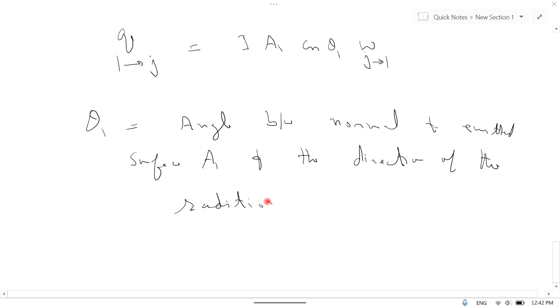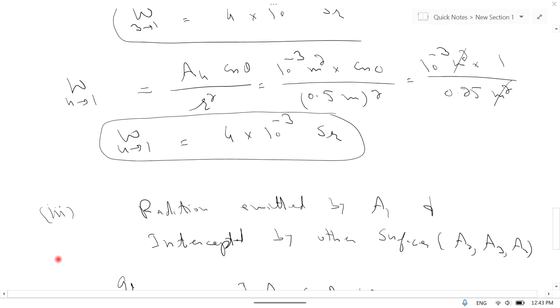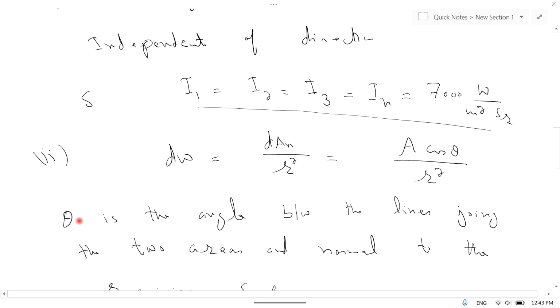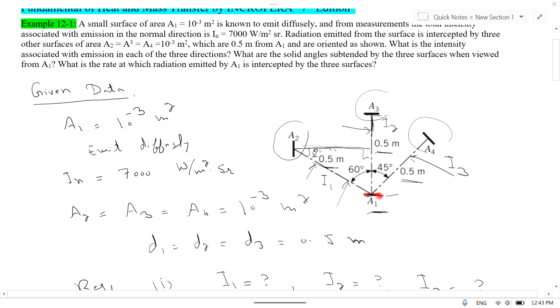So first we find Q from 1 to 2, radiation emitted from 1, where J in this case is 2, and intercepted by A2. So the radiation is I1, the area is A1 in all cases, and cos theta 1. Theta 1 in this case is the angle between the normal to A1 and the direction of radiation to A2.